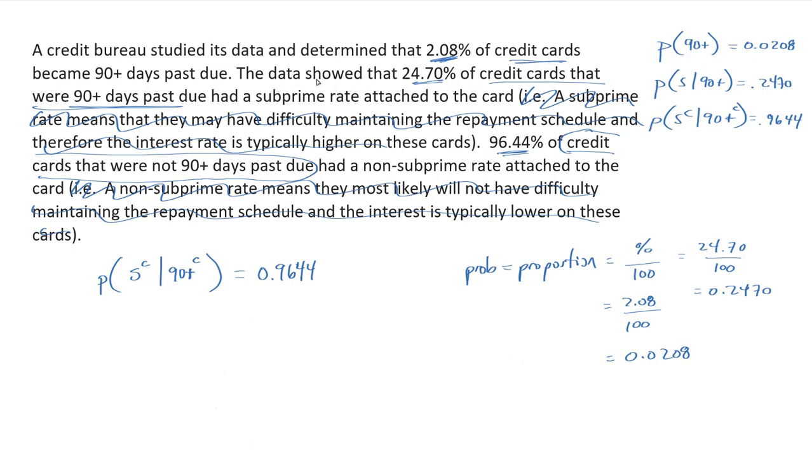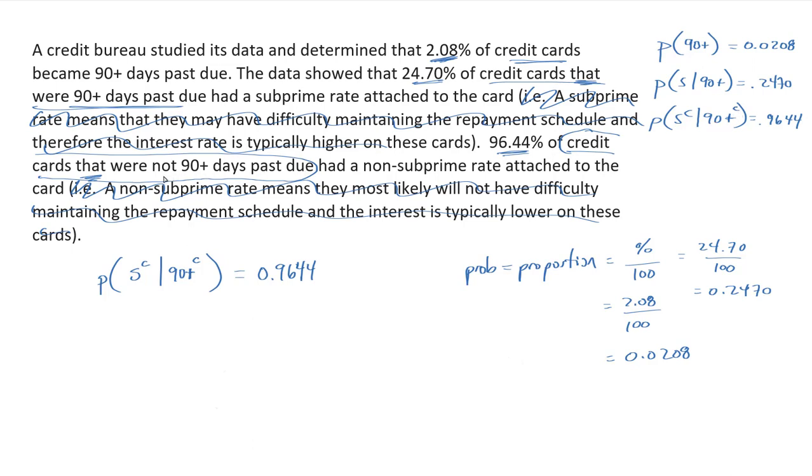They say the data showed that 24.7% of credit cards that were 90 plus days past due. Okay, so that's limiting ourselves to a group, the 90 plus days past due. Down here, it doesn't say 96.44% of credit cards. It says 96.44% of credit cards that fit a certain description. So that's how I know it's conditional.